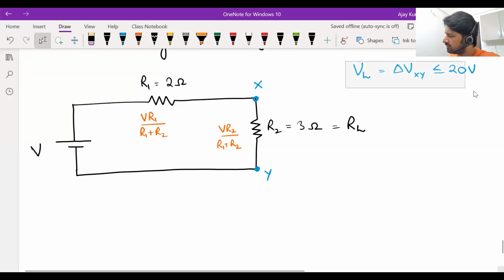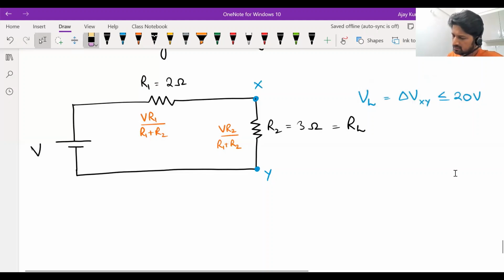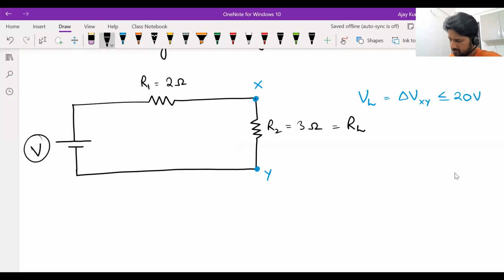Okay. If it exceeds 20, the device will get damaged. Fine. Now, how much voltage you actually see across the load depends on the voltage that you apply. Okay, the input voltage. Suppose this is some 40 volts.